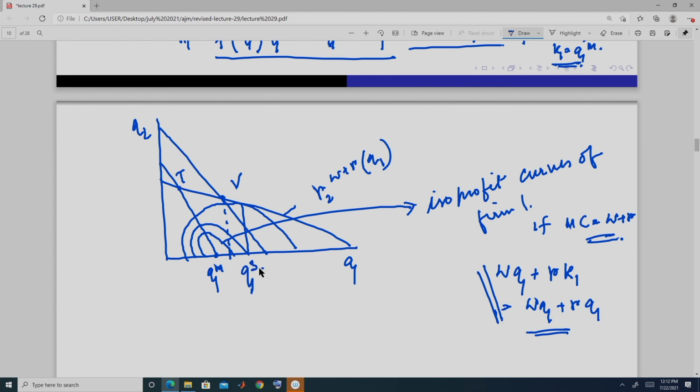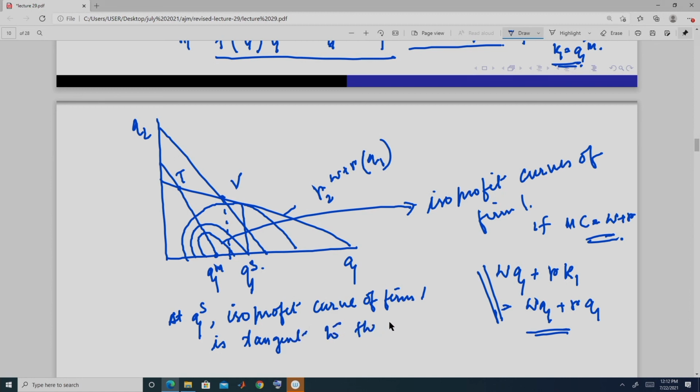This is the Stackelberg outcome of farm 1, Q1S, because the isoprofit curve of farm 1 is tangent to the reaction function of farm 2.